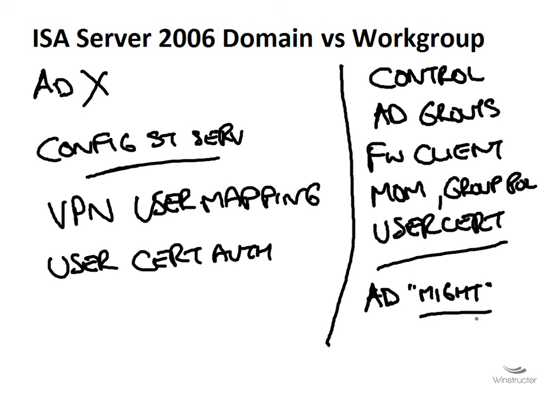So in this video, we've talked about whether it's better to install ISA server on a server that's a member of an Active Directory domain or on a server that's a member of a workgroup.